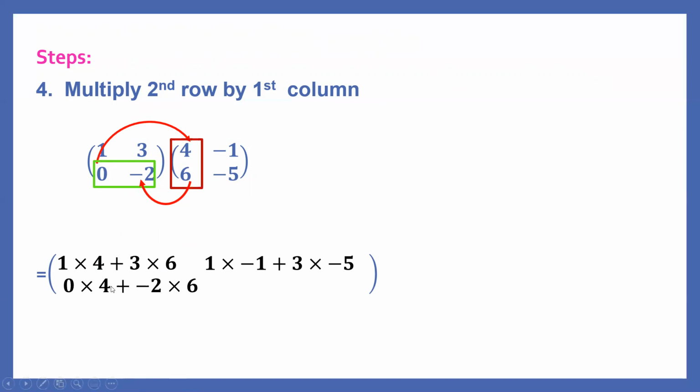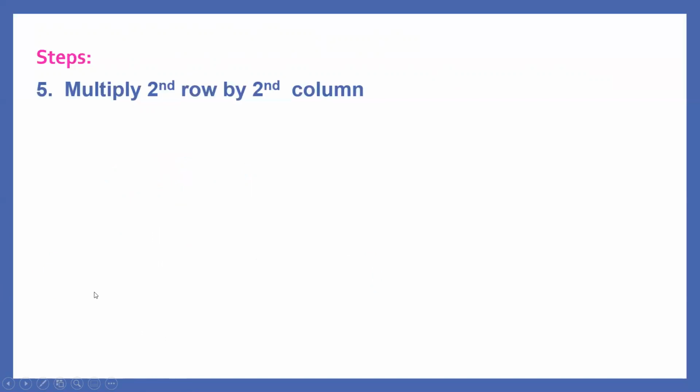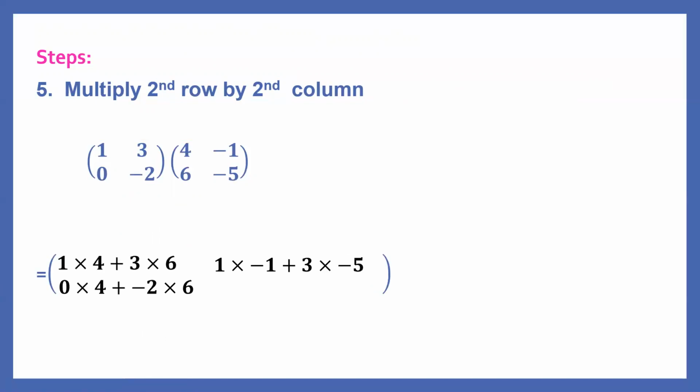So you can see this is where I'm going to place the answer. Finally, we multiply the second row by the second column. Second row times second column. So I will have 0 times negative 1 plus negative 2 times negative 5.